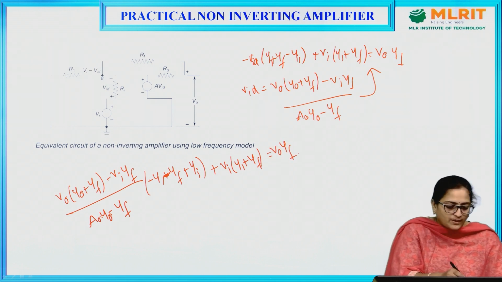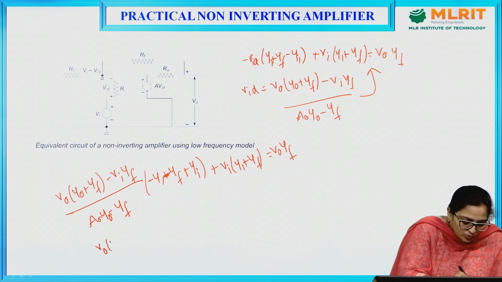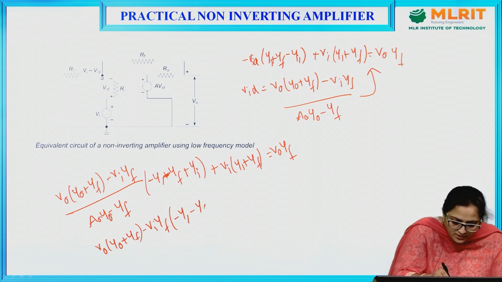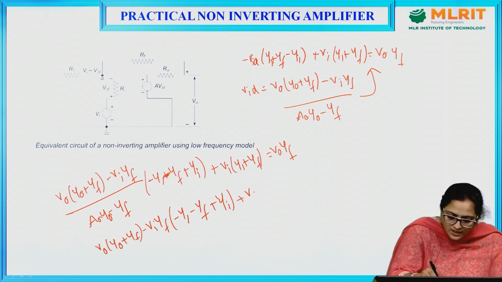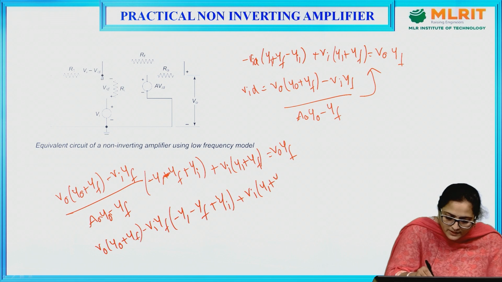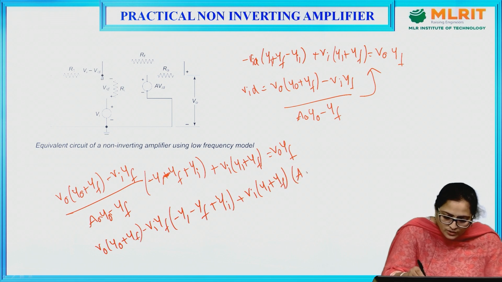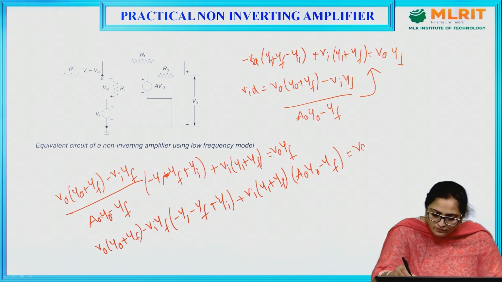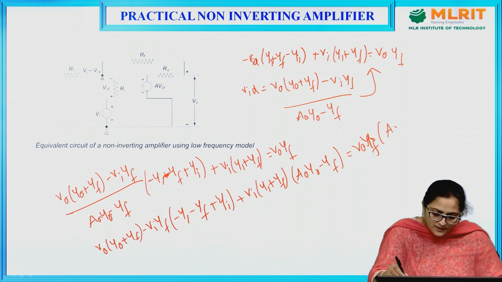If you expand this expression as V naught into Y naught plus YF minus VI YF into minus Y1 minus YF plus YI plus VI into Y1 plus YF into A Y naught minus YF is equal to V naught into YF into A Y naught minus YF.